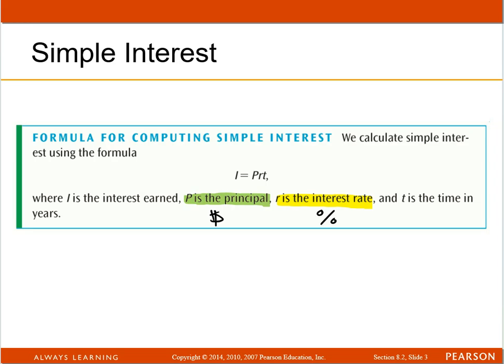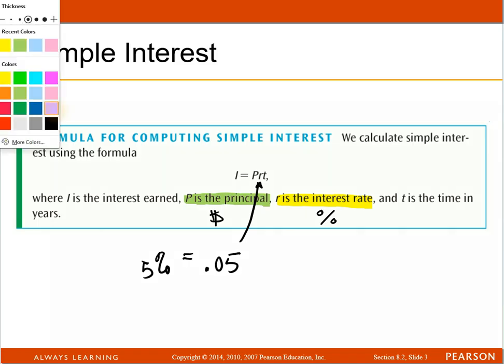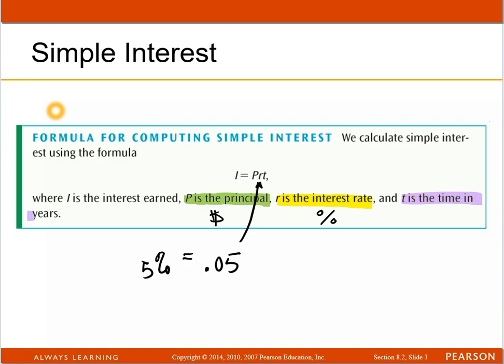And in section 8.1, we covered how to change a percentage to a decimal. So if they give you something like 5%, you have to change it to 0.05 before you plug it into the formula. And then the last part, and this is really important, time is always in years.